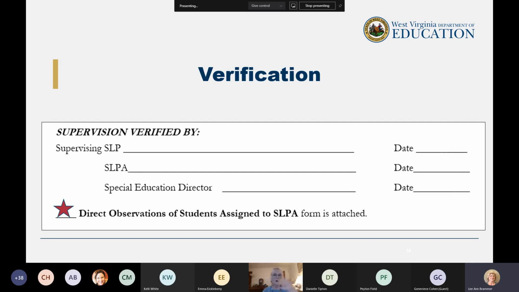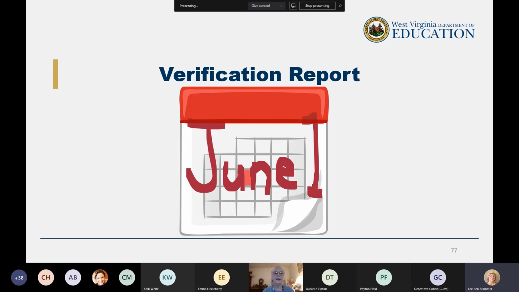That's where you've compiled all 4 9 weeks progress report dates and observation dates. And make sure you put the date that everybody signs things as well. Okay, it's due June 1st. And that is the most important document, because that is what is reviewed by Leanne for her to authorize your renewal for the next year.